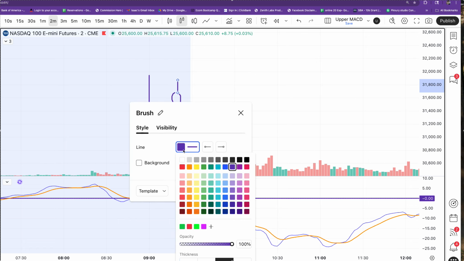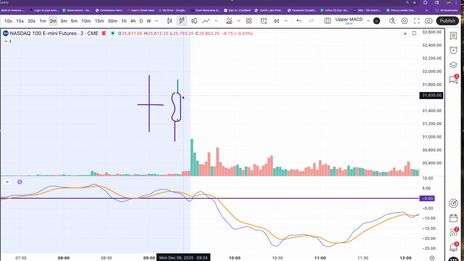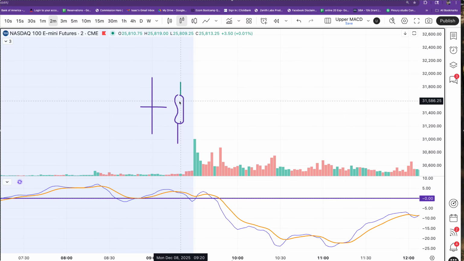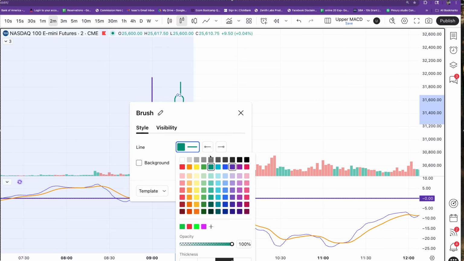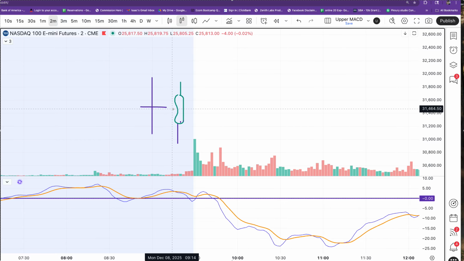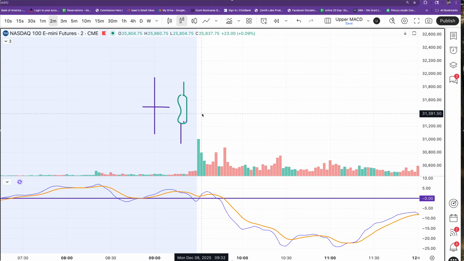There we go. It ends up being a green candle. So I can't seem to change the whole thing to green, but you get the picture, right? You got a green candle, meaning that the candle finished higher than where it started. Okay, so we've got a conflicting situation here which neutralizes the bias.